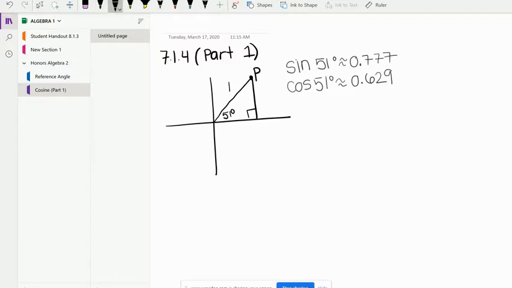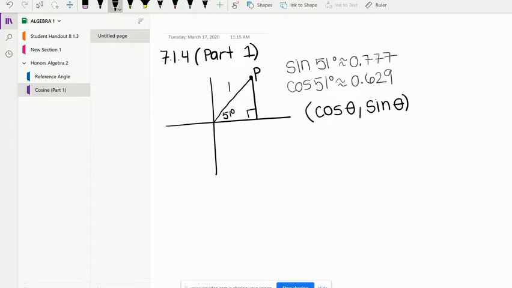All right, and so from there, point P, what you should be discovering from this classwork is that when we have an ordered pair on the unit circle, it's going to be cosine of that angle and then sine of that angle, because cosine is x and sine is y. And so again, cosine is the length of that triangle, and then sine is the height of that triangle.